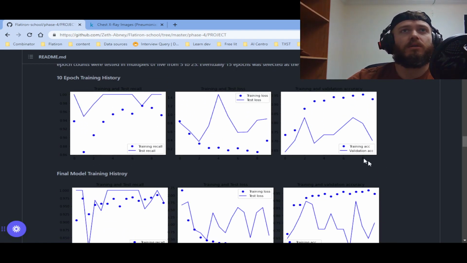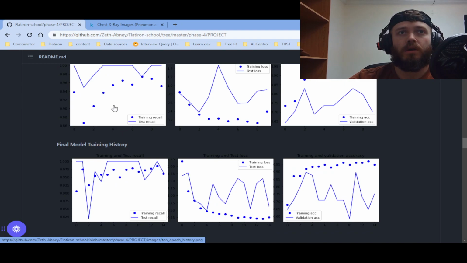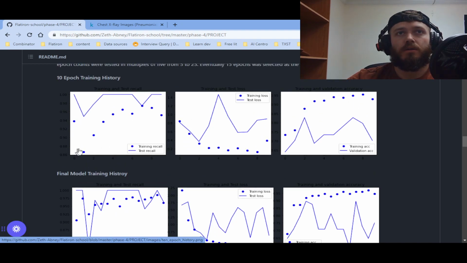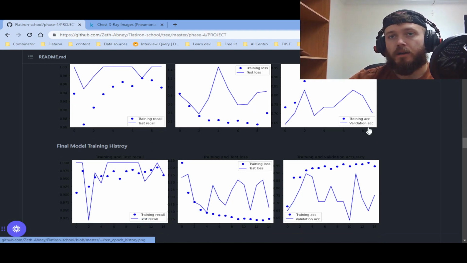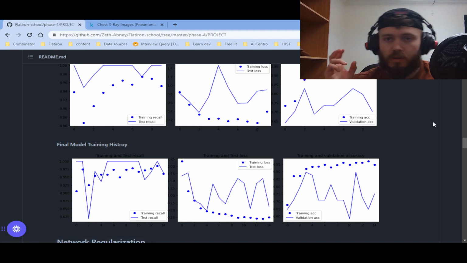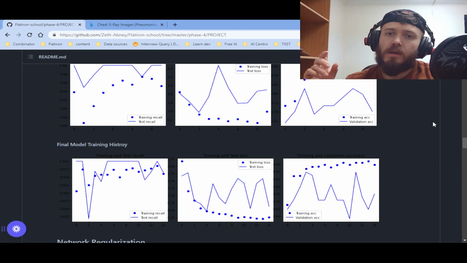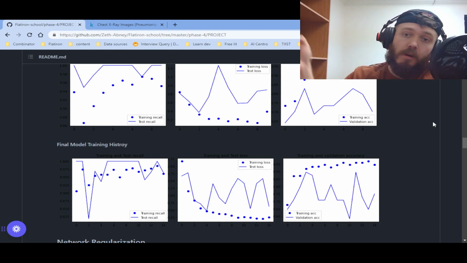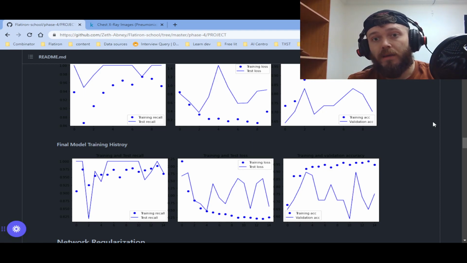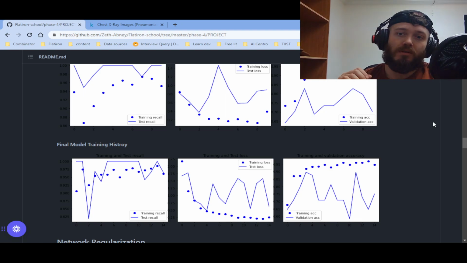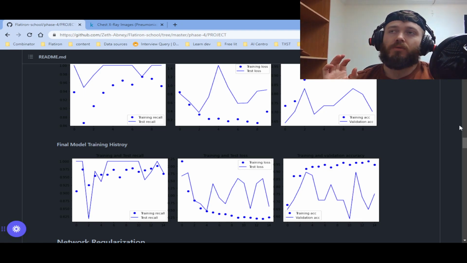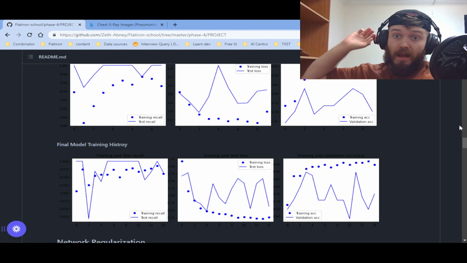What we're seeing here is recall. The dot is on the training data, and the line is on the test sample. Loss and accuracy. So a really interesting thing I found with this project was that the recall really wanted to be perfect, like a 1.0, but the loss function value, I should say, was just astronomical.